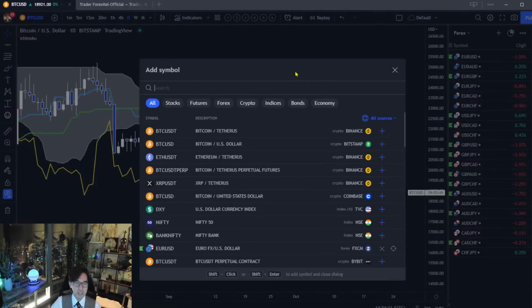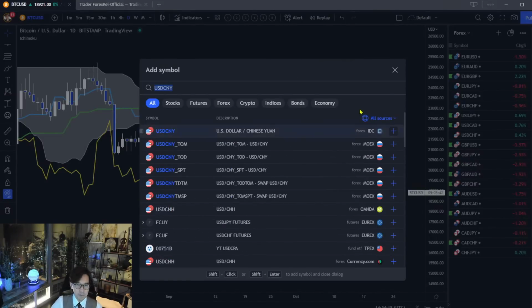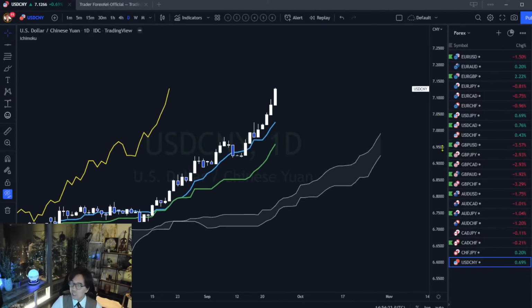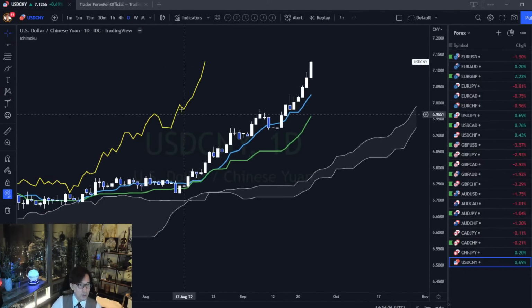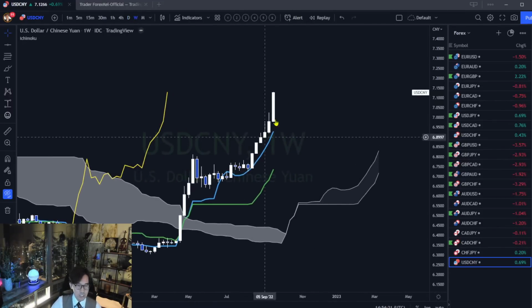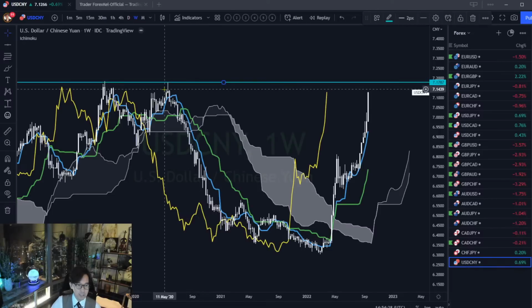But let me see. I think it should be going up very strongly, right? USD CNY. Yeah, it has been strongly bullish. So for this, you can use the weekly to follow. Weekly shows it's strongly bullish, and it's going up to the resistance, the double top from 2019-2020 at 7.1787.